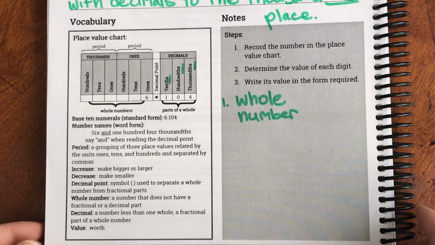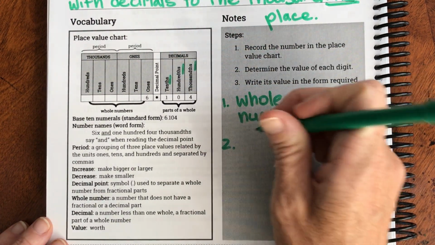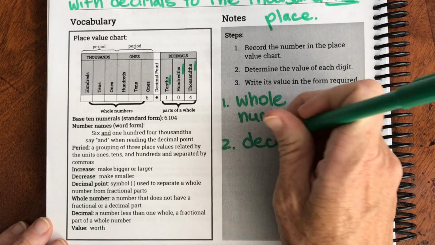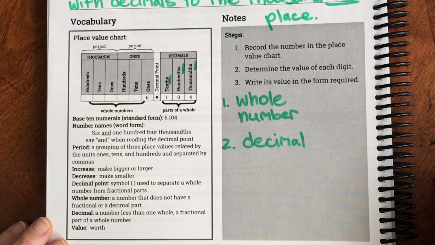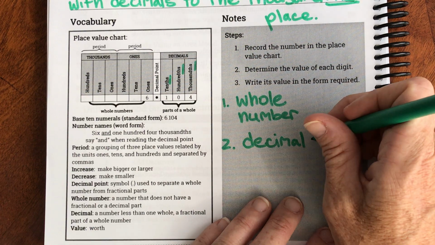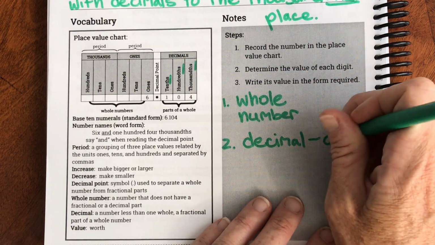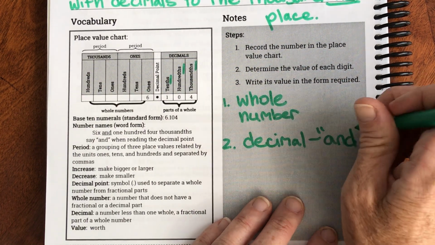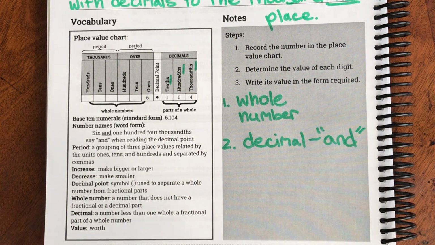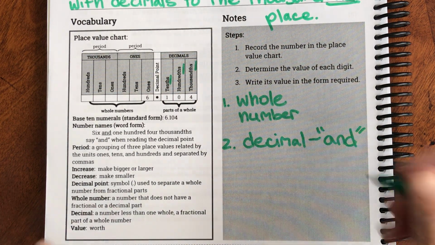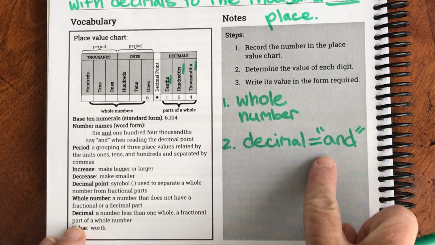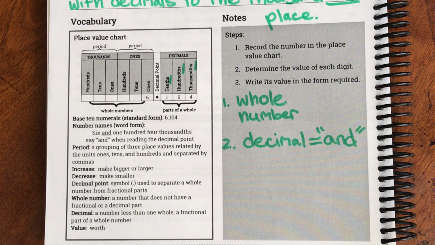Okay, part 2 is the decimal. And for the decimal is the word and. And is what stands for the decimal. So and is how we say the decimal. We don't say decimal or point, we say and. So decimal, and I'll make that an equals actually. Decimal equals the word and.